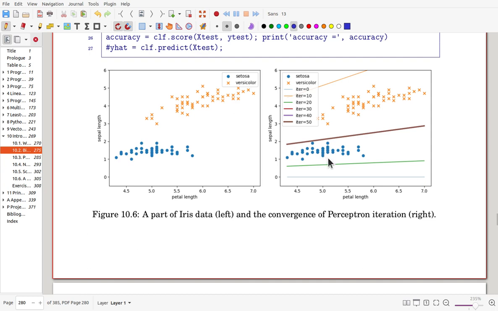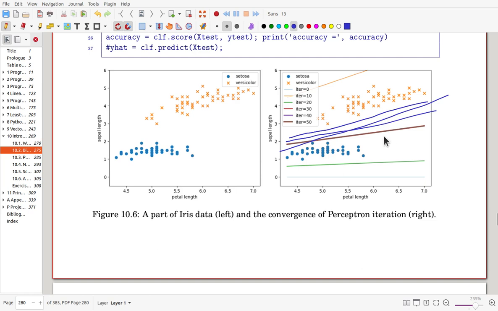Once it is done around here, it can be this line, it can be that line, or a bit different slope like that. Anyway, among these lines, once the perceptron reaches one of them, it never moves.